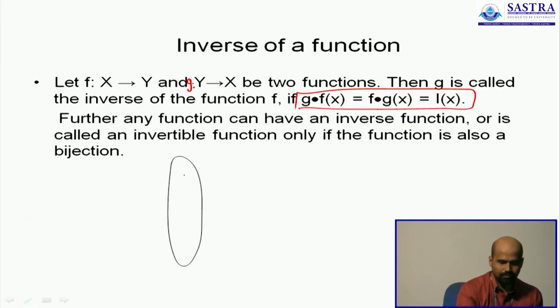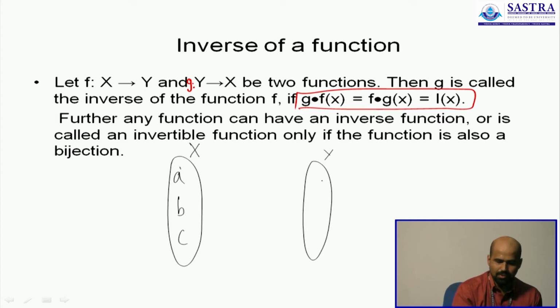Let's say this is set X, this is set Y. Let's have X defined in this manner and Y defined in this manner. I'll denote X to Y, the function f, in black, and the function Y to X as the function in red.